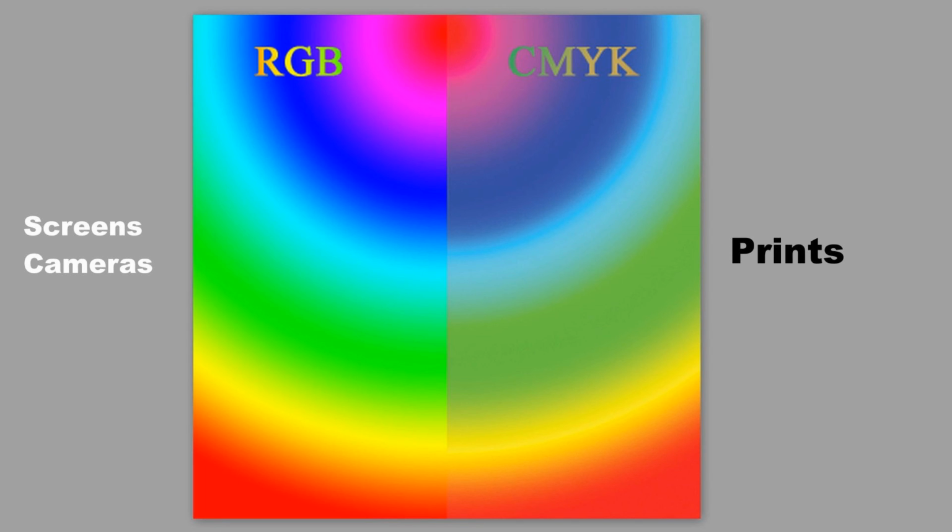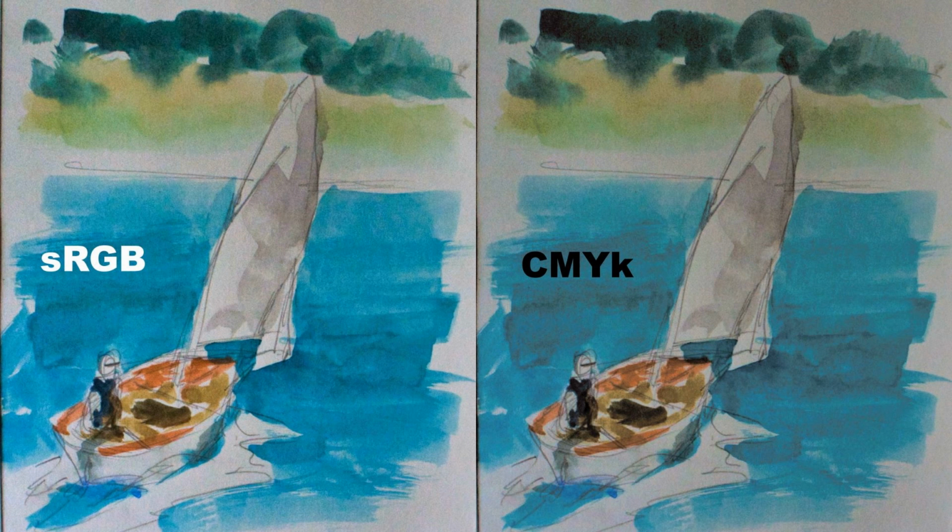This diagram compares what you would see with an RGB colour space on a screen versus a CMYK. C is cyan, M magenta, Y is yellow. They're the typical colour inks you get in a printer, and K represents black. So if the colours look a bit dark and dirty in your shared file, it could be because it was designed to be exported for a printer rather than a screen.